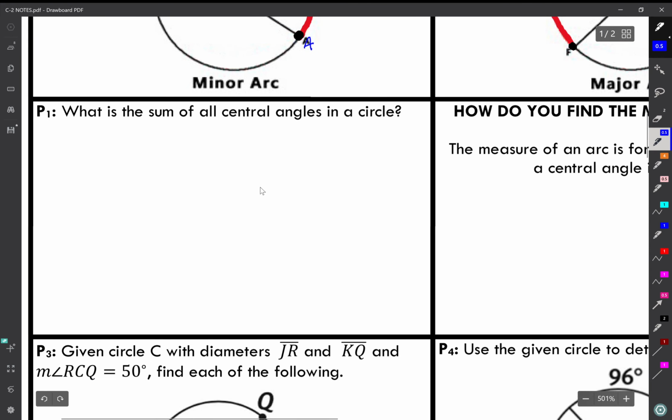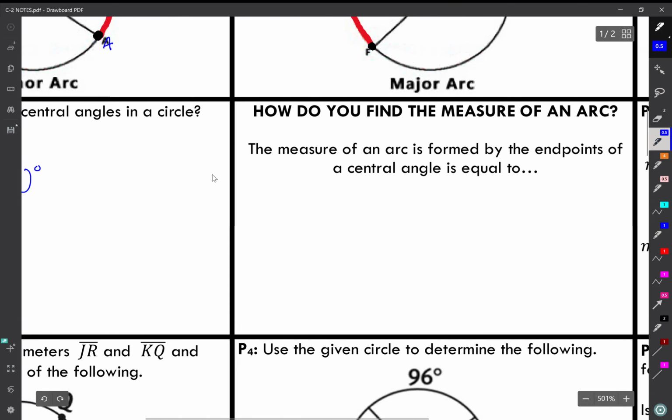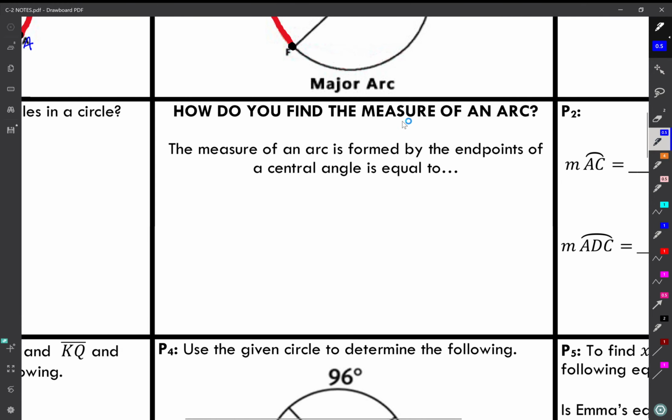Question here is, what is the sum of all central angles in a circle? Another way of asking this is, how many degrees total are in a circle? And that is 360 degrees. So that's cool. How do you find the measure of an arc?